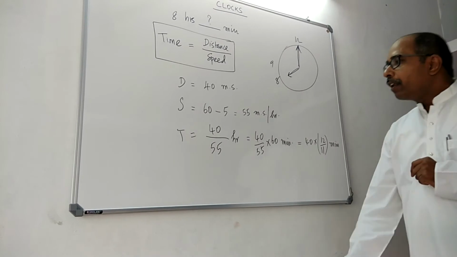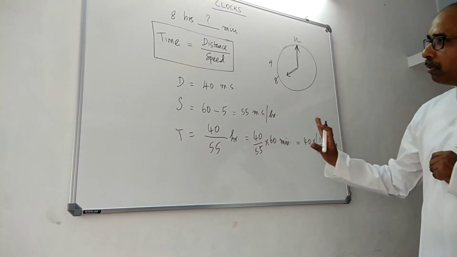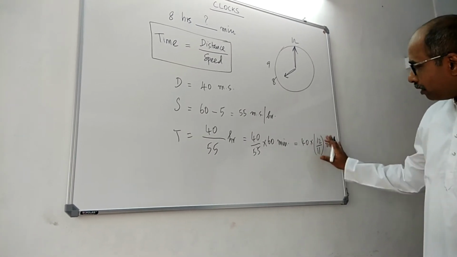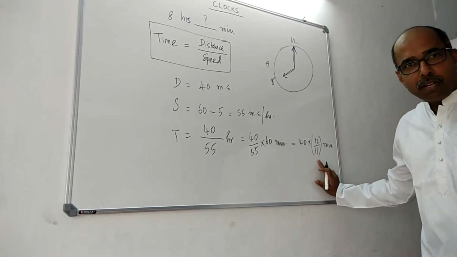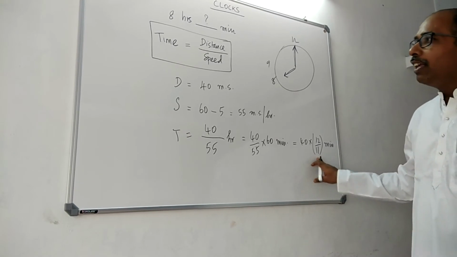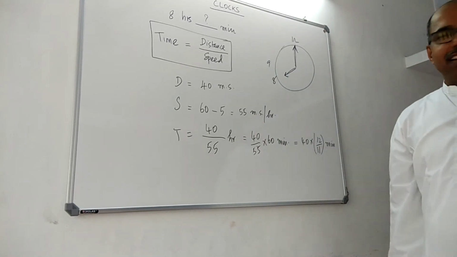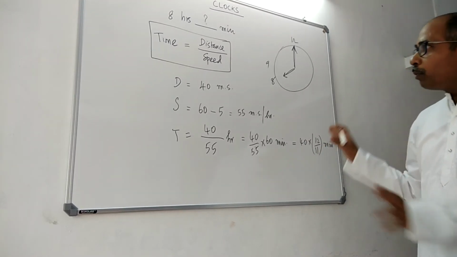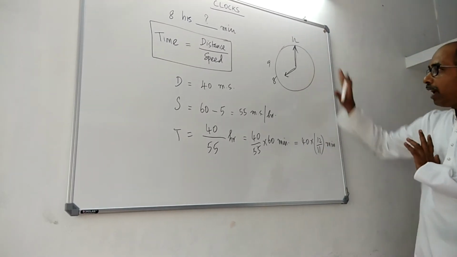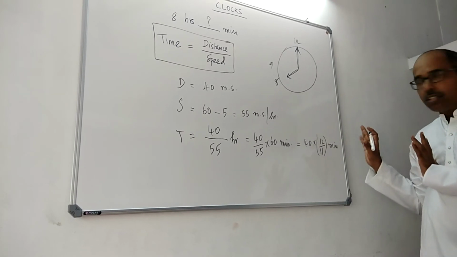Listen carefully. You are supposed to remember only one fraction, only this fraction, 12 by 11. If you remember this fraction, this entire step is not at all required. Simply forget whatever I told you so far, just remember 12 by 11. At what time between 8 and 9 will the hands of a clock coincide with each other is the question.